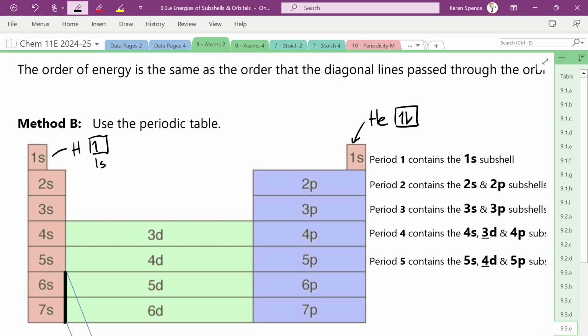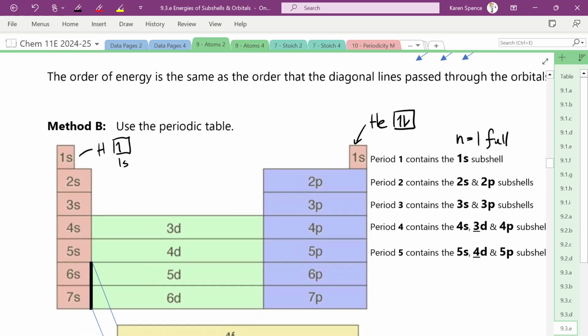The n equals 1 is full. Yes, energy level 1 is full. So basically, as we're going across row 1, we are filling up the 1s subshell.